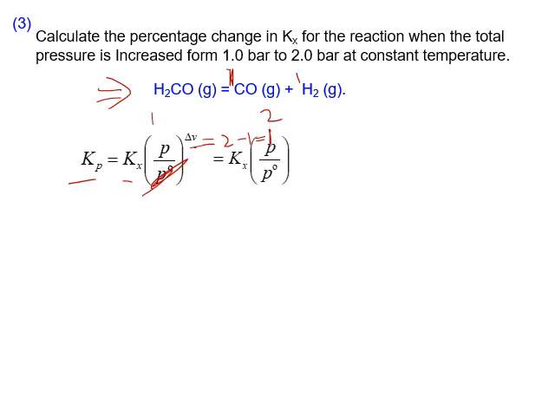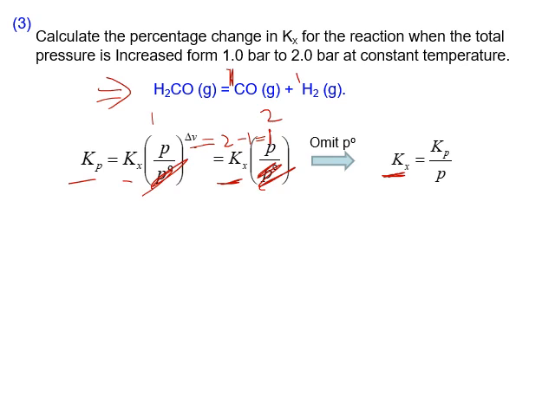So that gives you Kx times P, and therefore we can calculate: Kx is Kp divided by P. So Kx equals Kp divided by P. Because we want to calculate the Kx change, there are several ways to do it.